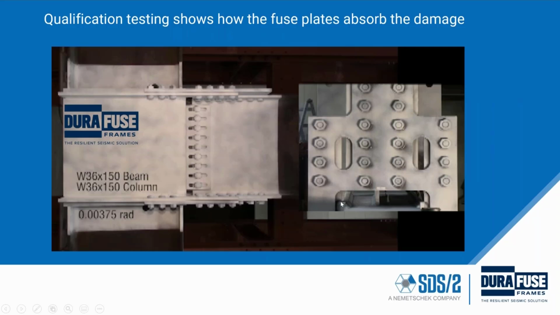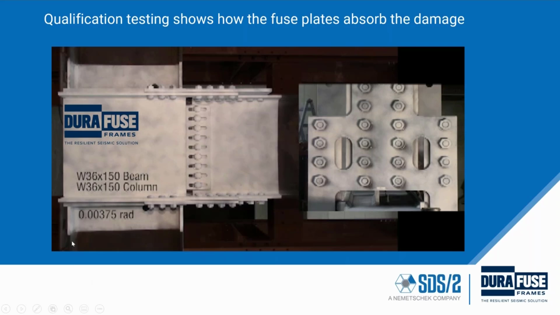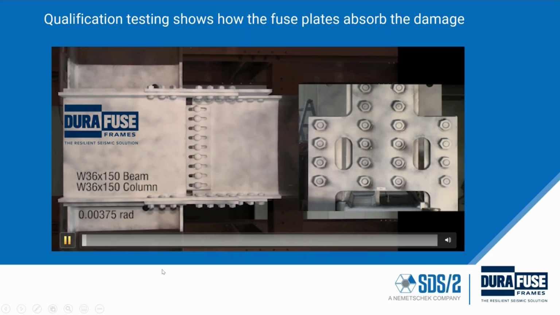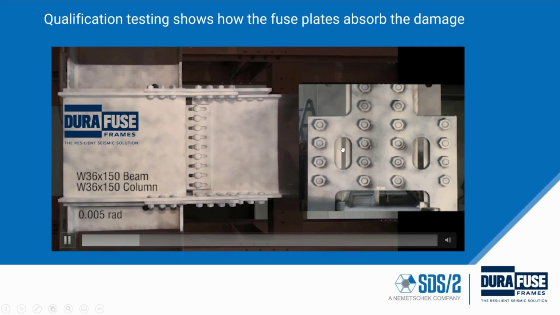We have done qualification testing to get our code approvals for this connection. This is a video clip from a qualification test. I'll run it and talk through what you're seeing at the same time. So this is a column, and this is a beam, and this subassembly was tested in a laboratory.